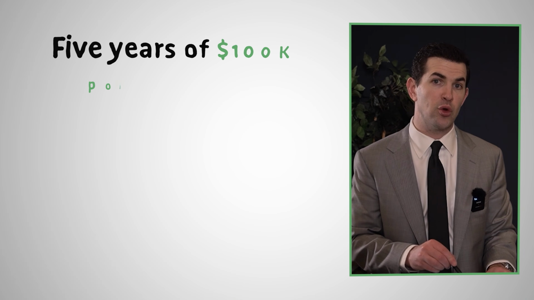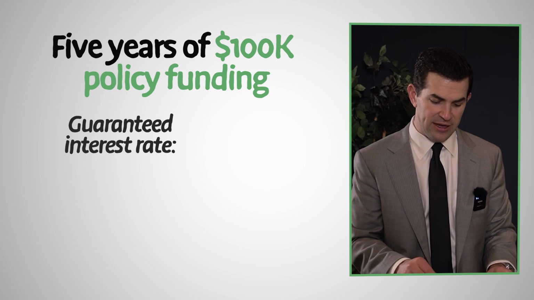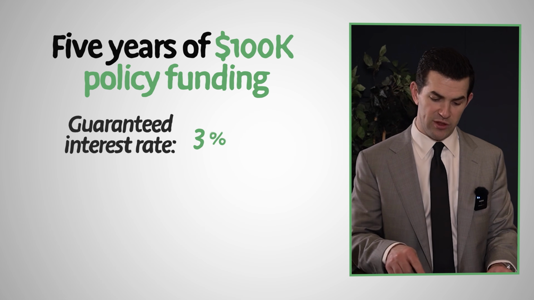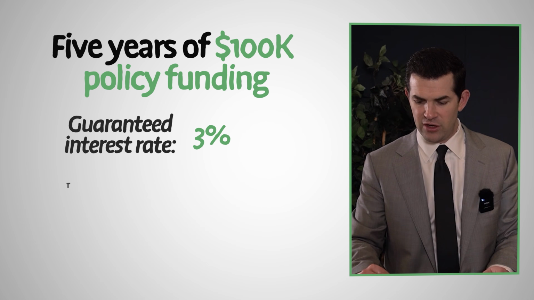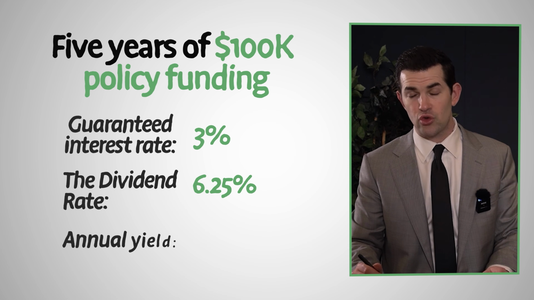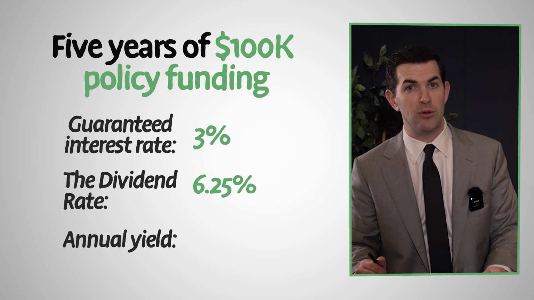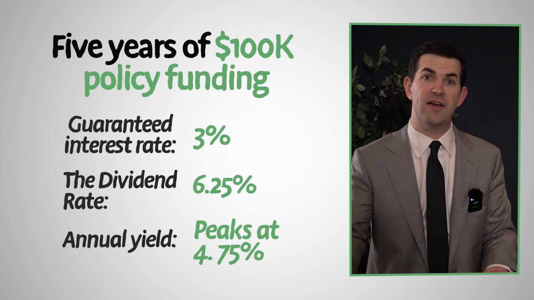So this is someone who's putting $100,000 per year into a policy for 5 years. When we look at the guaranteed interest rate, it's 3% with this product. But as time passes, you do see these policies perform. The dividend rate is 6.25%. The annual yield is much stronger than what we saw when we looked at the guaranteed value. However, it peaks at about 4.75%.